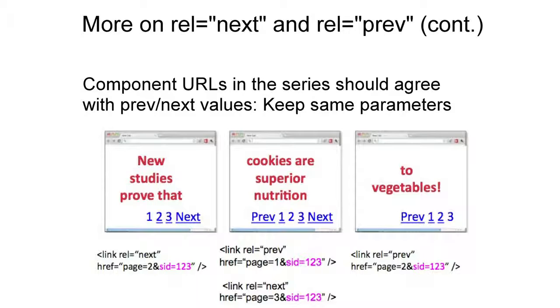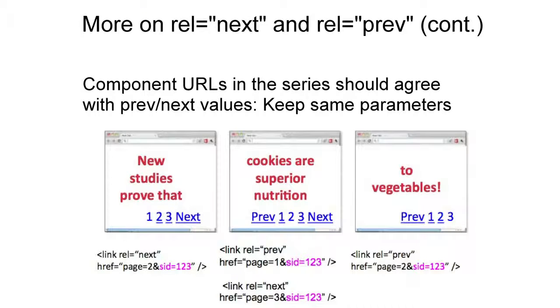The last thing I want to say about rel next and rel prev is that component URLs in a series should be consistent with their parameters. So let's take the article of new studies prove that cookies are superior nutrition to vegetables. Now let's say that these pages contain a session ID. All of these values for rel prev and rel next should also contain the session ID.